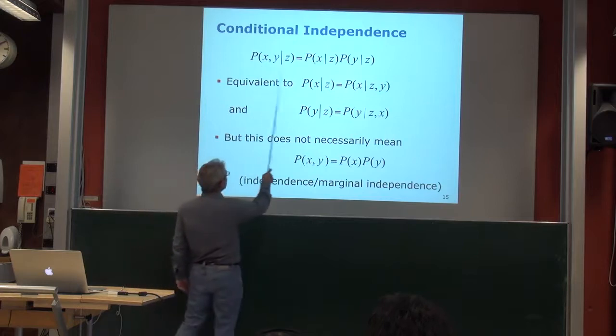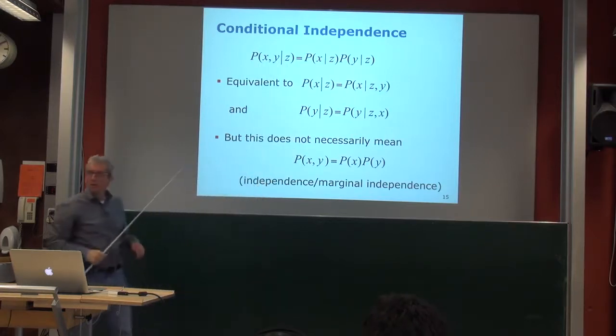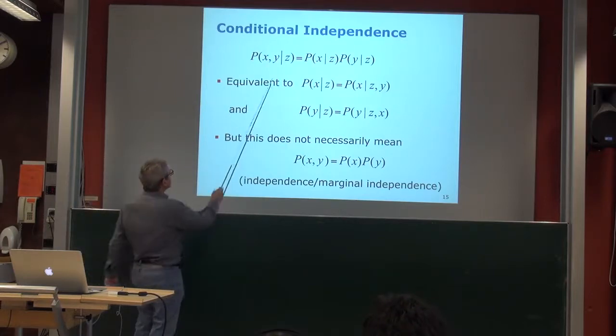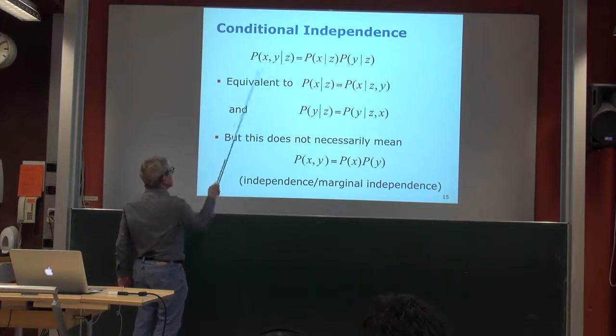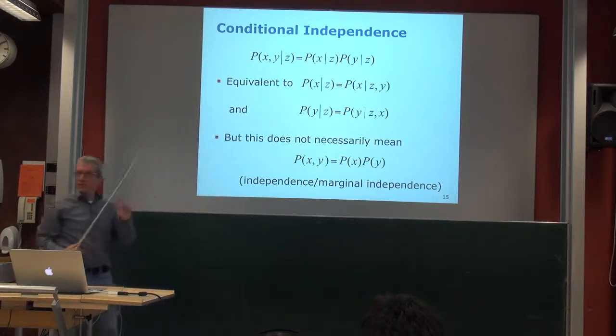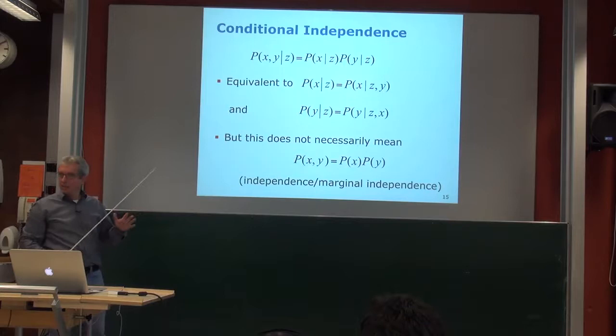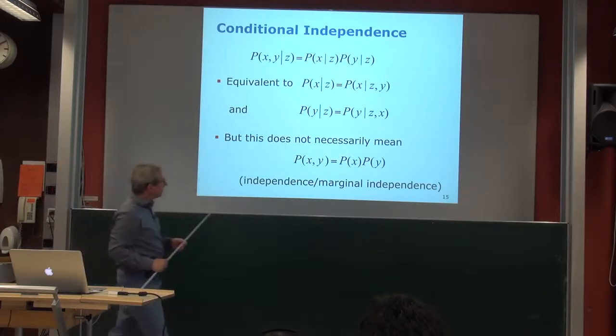The more common case is that we make this assumption over here, and we will see one particular example of this in just a few seconds, where we assume that x and y are independent given z, but without z, x and y are not independent. We will see this in a few moments.